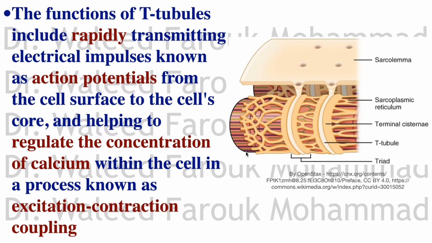The function of T tubules is to transmit in a rapid way the electrical impulse, the action potential, generated from the cell surface to the cell's core, and they also help in regulating the concentration of calcium within the cell in the process known as excitation contraction coupling.